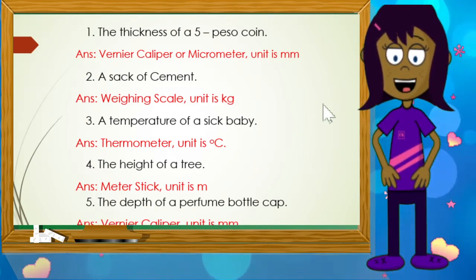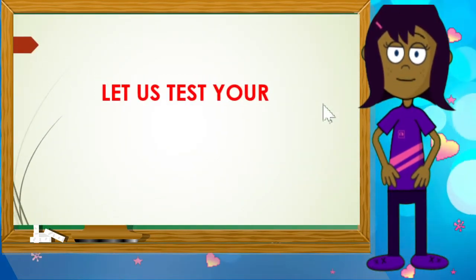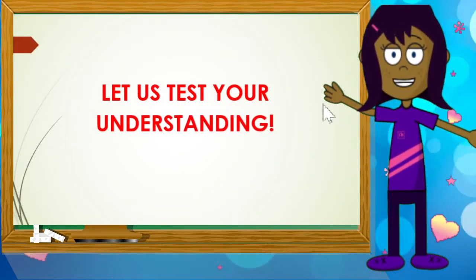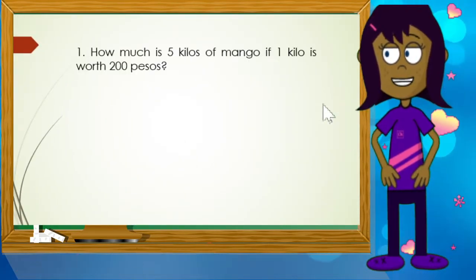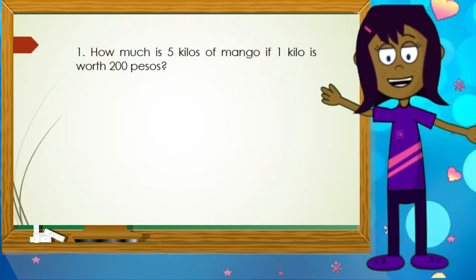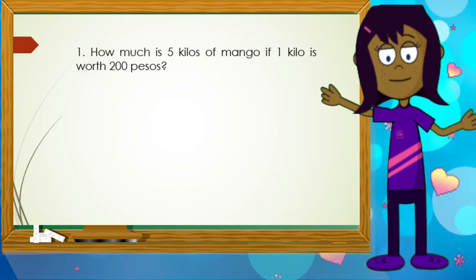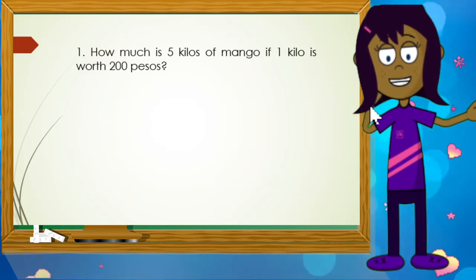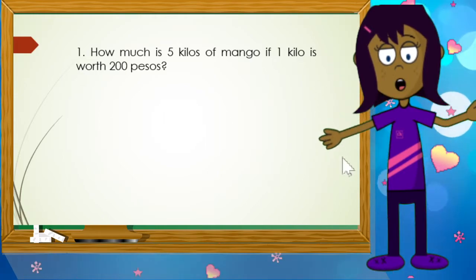Now let's try to test your understanding. I have here two sample problems, and let's try to apply what we learned. How much is 5 kilos of mango if 1 kilo is worth 200 pesos?